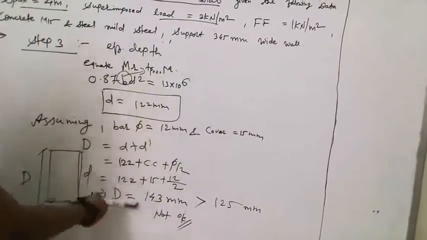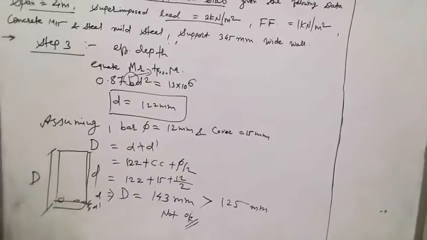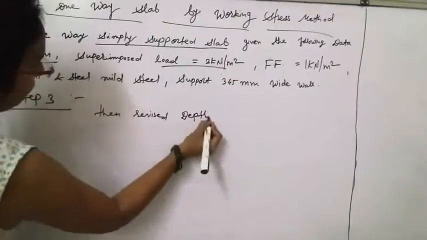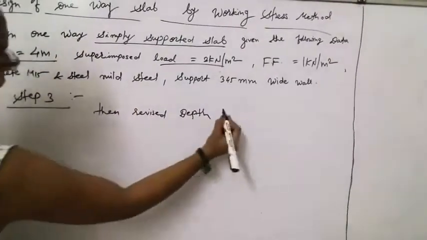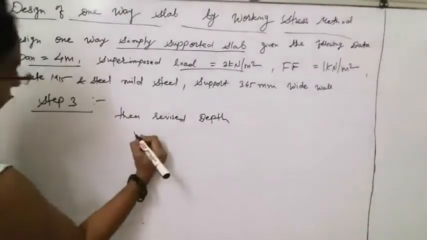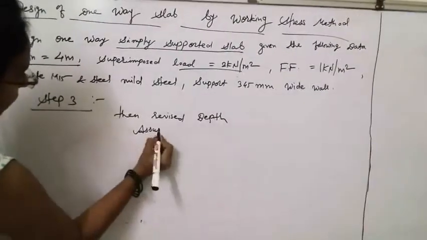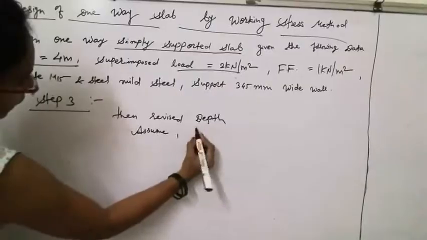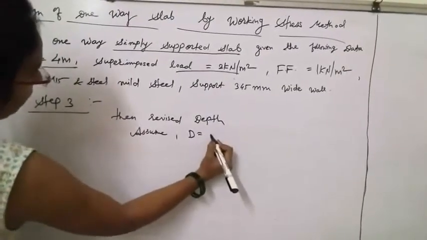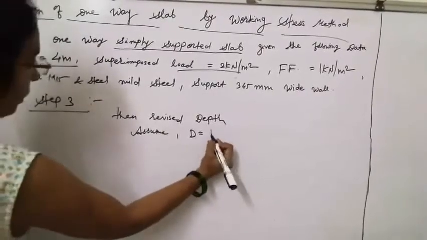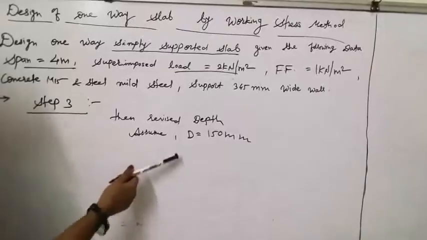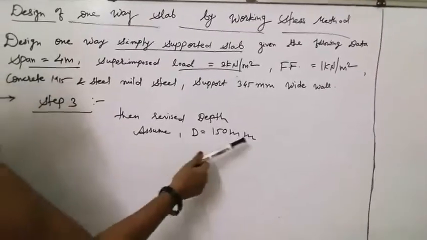So we have to revise our depth. In the last step we had taken capital D equal to 125 mm. Here we are revising our step. Capital D we are going to assume as 150 mm.